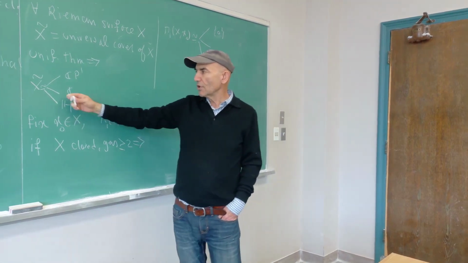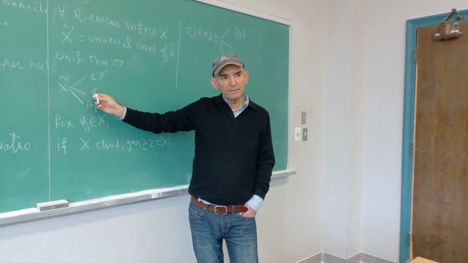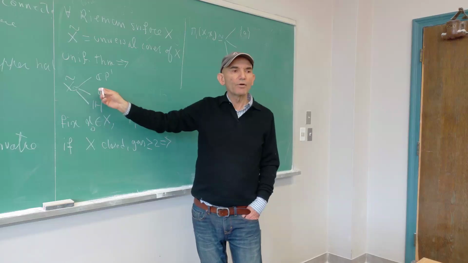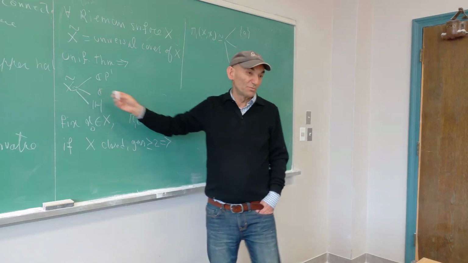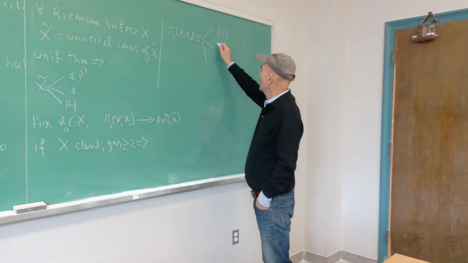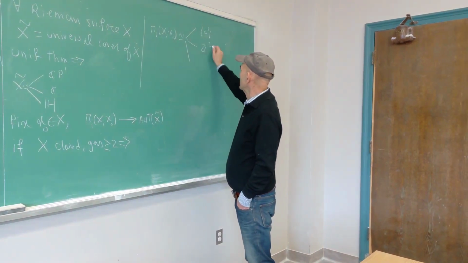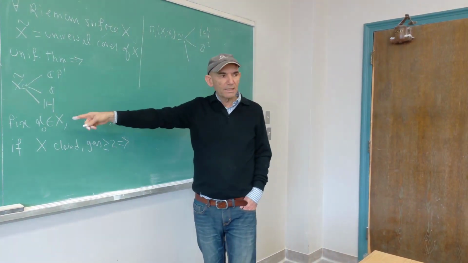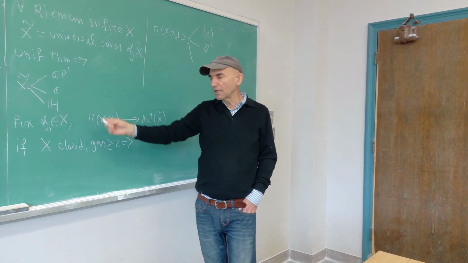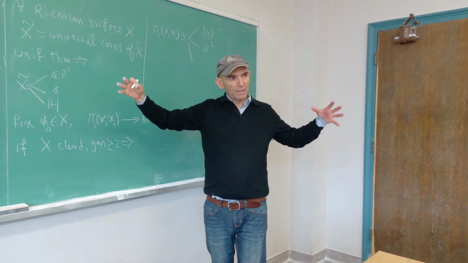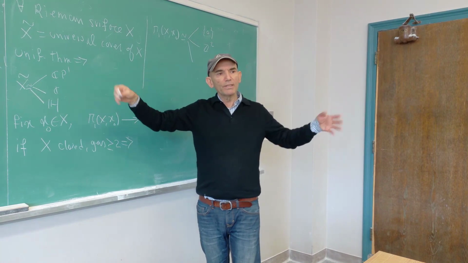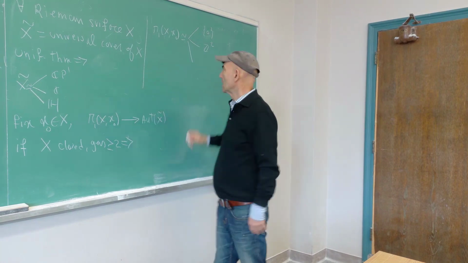In this case, we are dividing by some lattice, and then pi 1 is going to be isomorphic to Z^2. And in the third case, which is the most interesting case, when you have genus bigger than or equal to 2, then pi 1 is a group that I wrote down.